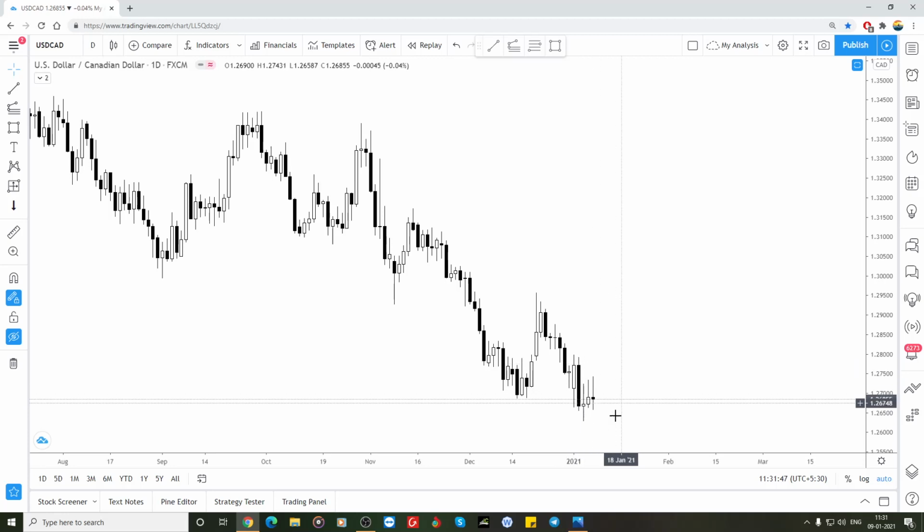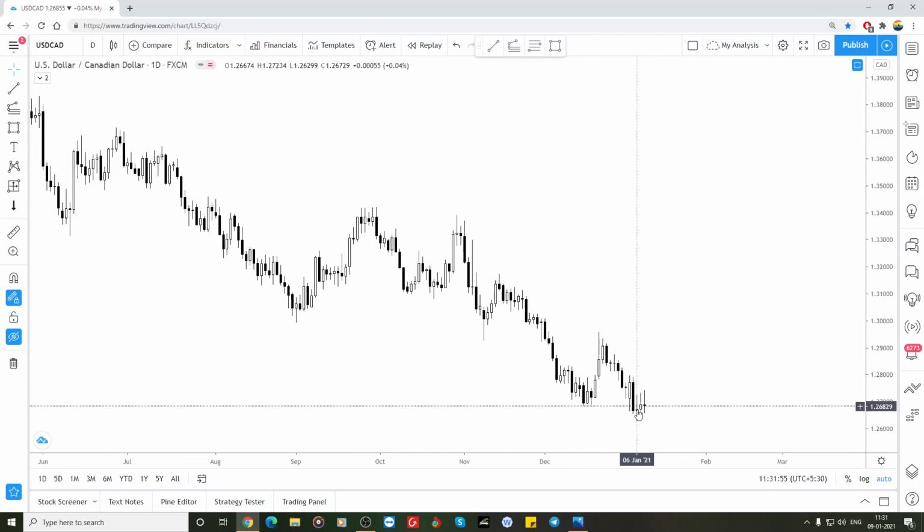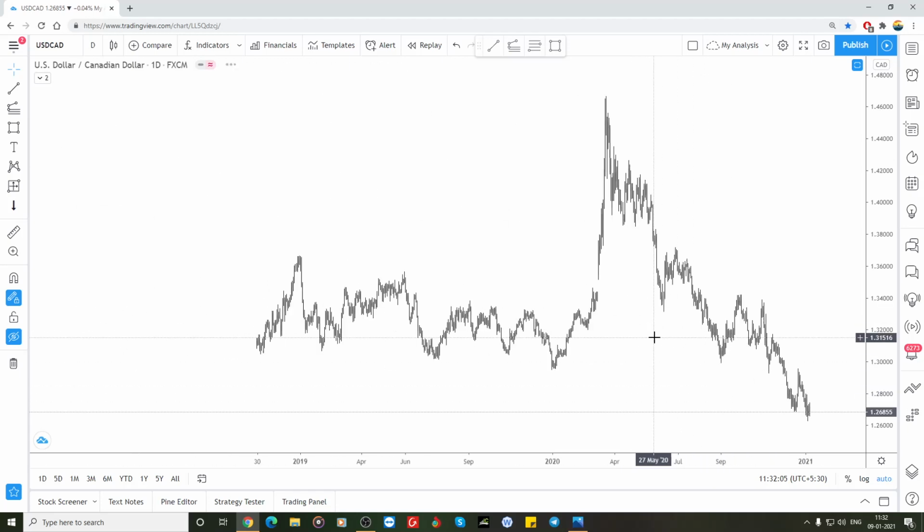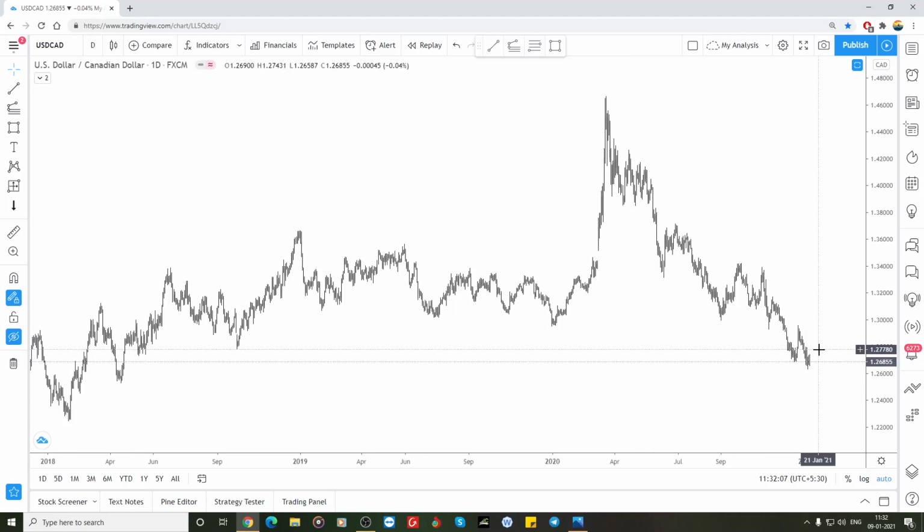So whether from here it has to reverse, or one more low and then again it can bounce, or the whole thing becomes A and B can come like this and then again one more C wave to the downside, that is also possible. So anyway, I'm looking for a reversal in this zone or a little bit here, up to that 1.2480.